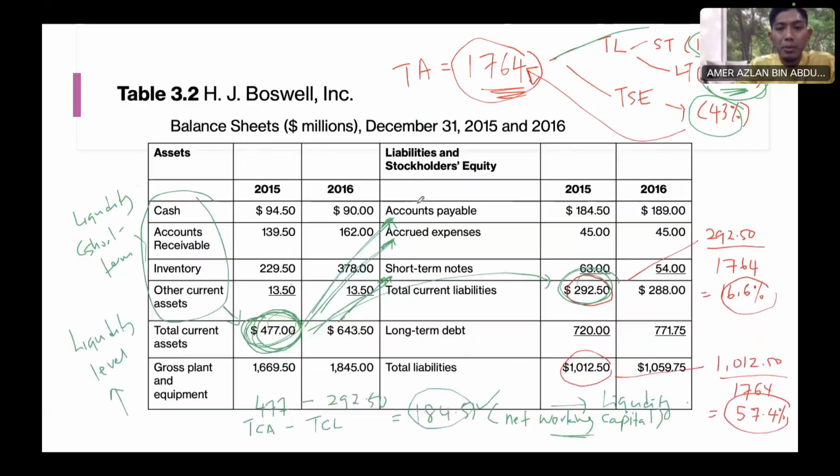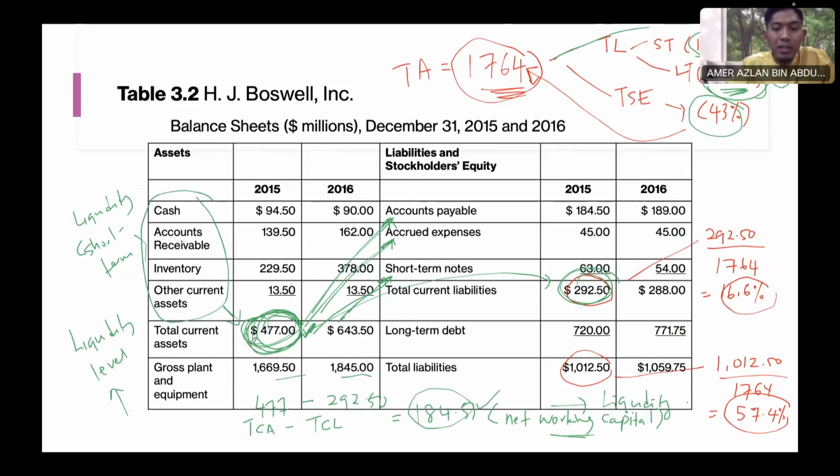So going back to the example just now, although this company has a very high amount of debt, the liquidity value here is quite strong as well. So it should not be a problem, although the company has a high debt value, because the company has a very strong liquidity level, which means it is able to survive in the short term. When they are able to survive in the short term, they should have no problems surviving in the long term.